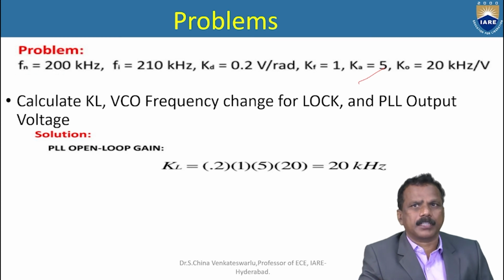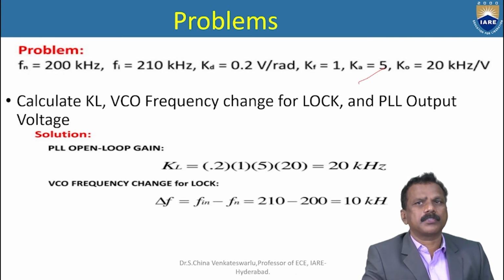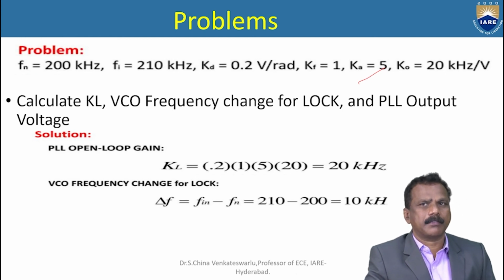Open loop gain, the KL. VCO frequency range for lock, del F, is equal to Fi minus Fn. Both are given: 210 minus 200 is equal to 10 kilohertz.